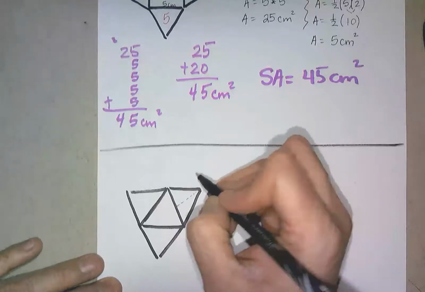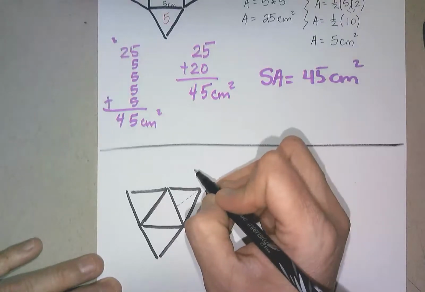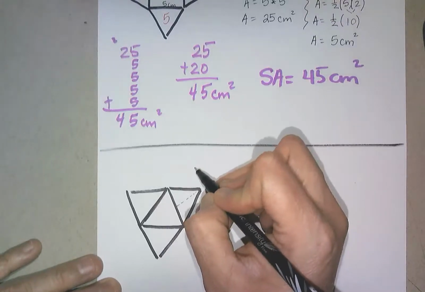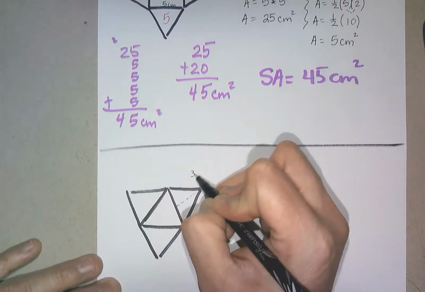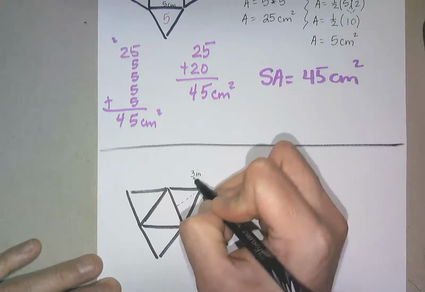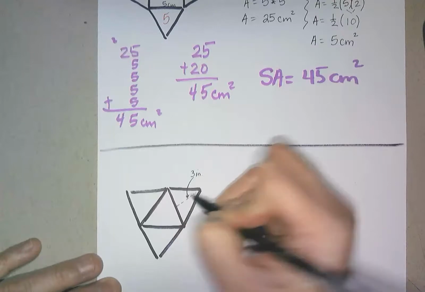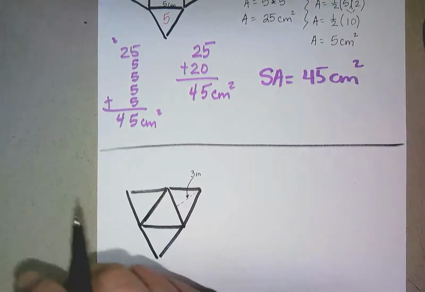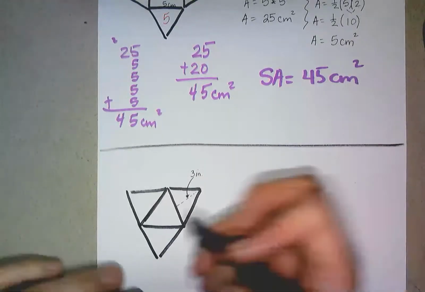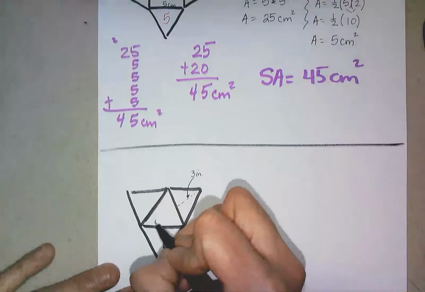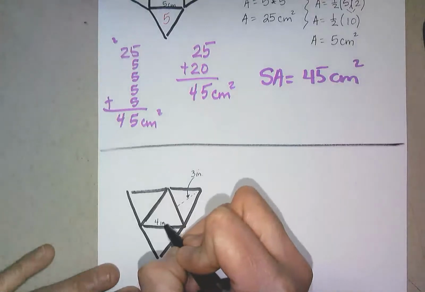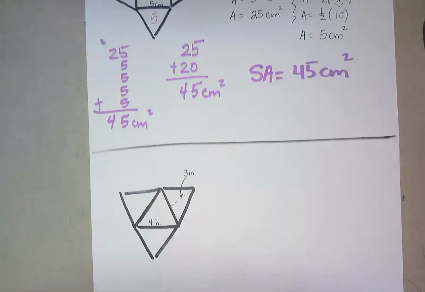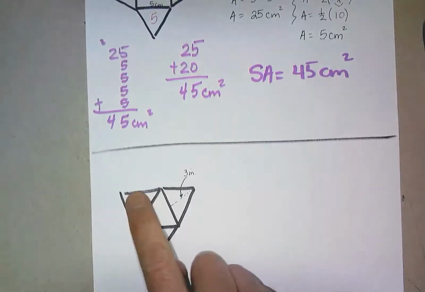And I'll go with 3. Let's go with inches. I like inches too. So that's going to be my height. Now I need my base. Let's make my base 4. Some small numbers. 4 inches. There. And all of these triangles are the same.